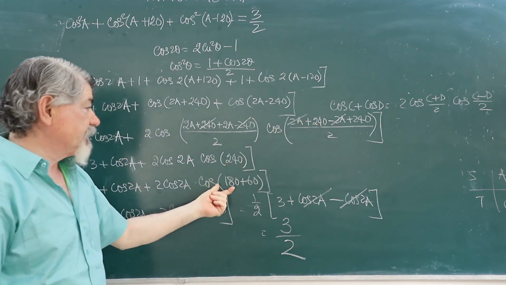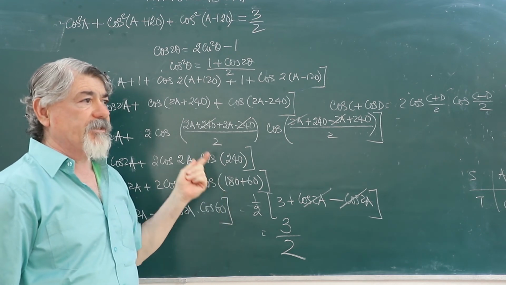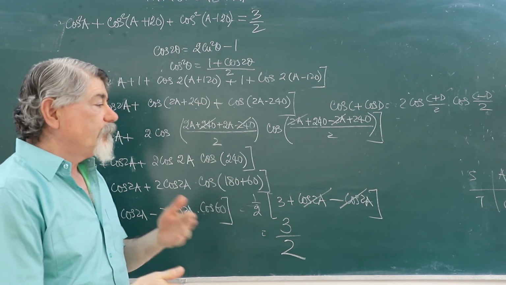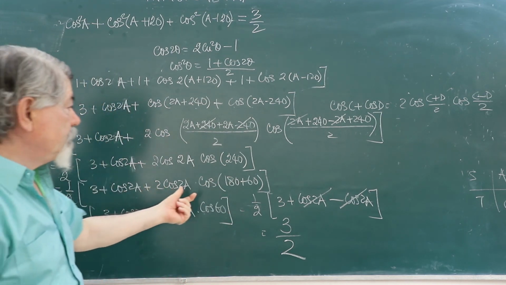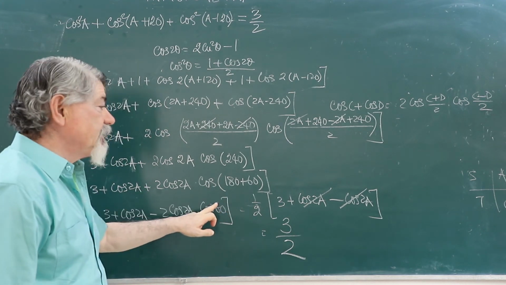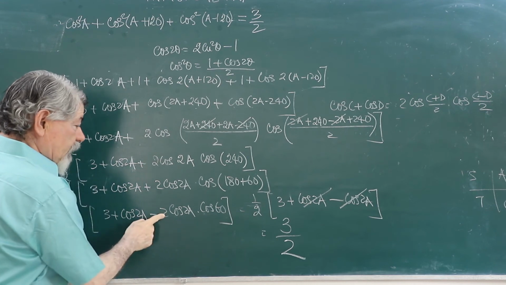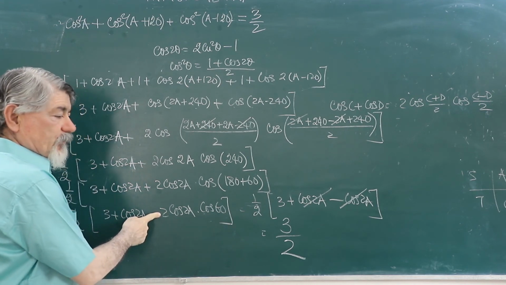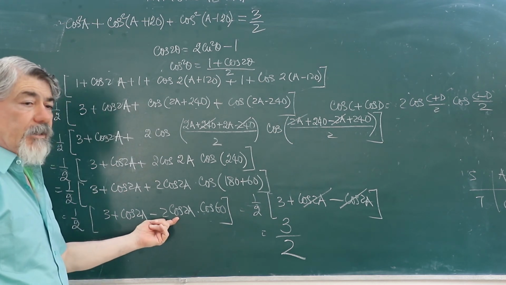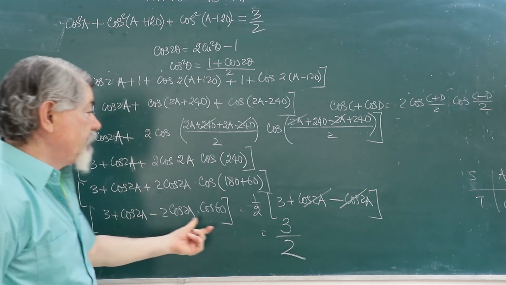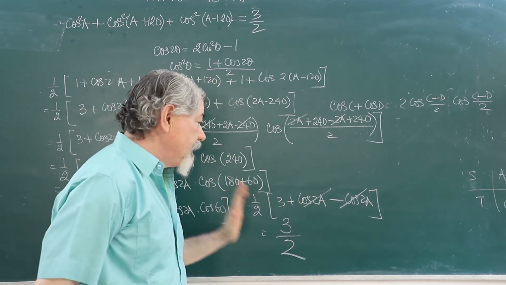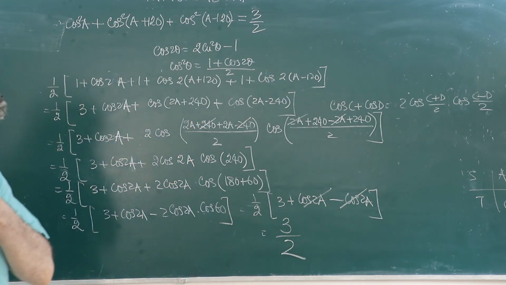Cos 240 I have expressed as 180 plus 60, it will become minus cos 60, so it comes minus here. The value of cos 60 is 1 upon 2. The 2 in the denominator will cancel with the 2 in the numerator. It will be left with cos 2a minus cos 2a, which will cancel with each other. It will be 1 upon 2 into 3, and that will become 3 upon 2.